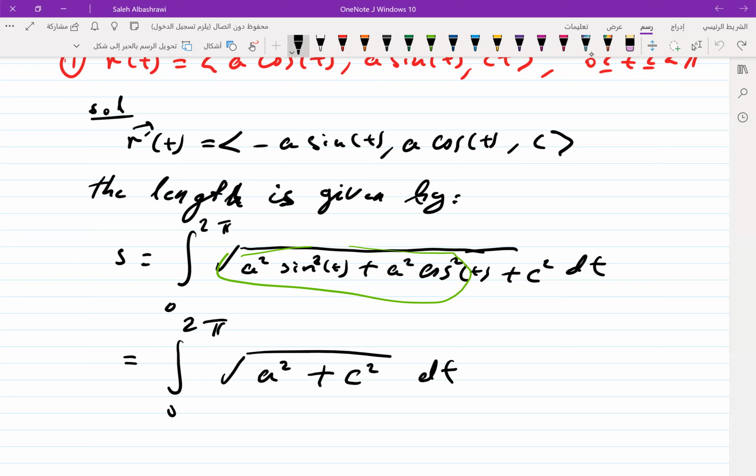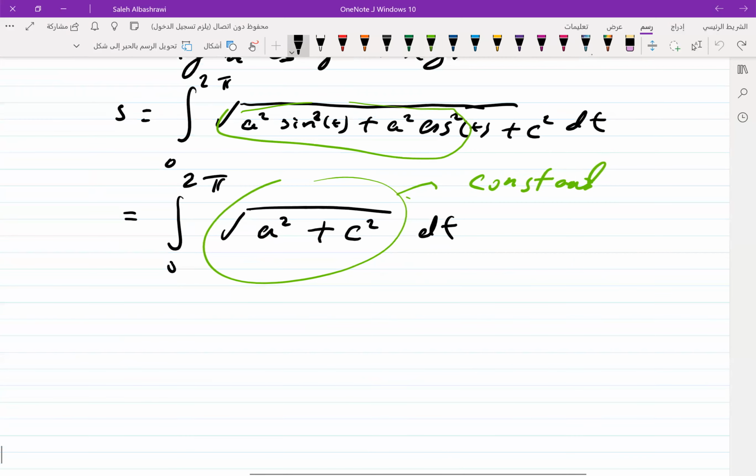Now in this function, there is no t, which means that the square root of a squared plus c squared is constant. There is no t in this square root, so we can take it out. This is one of the properties of the integration: we can take the constant outside.